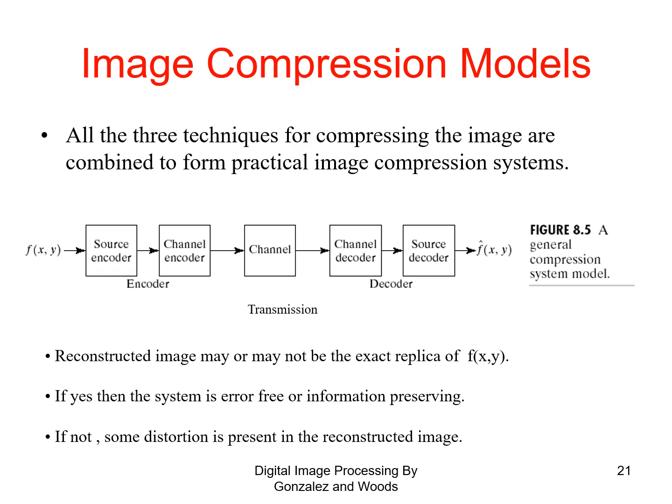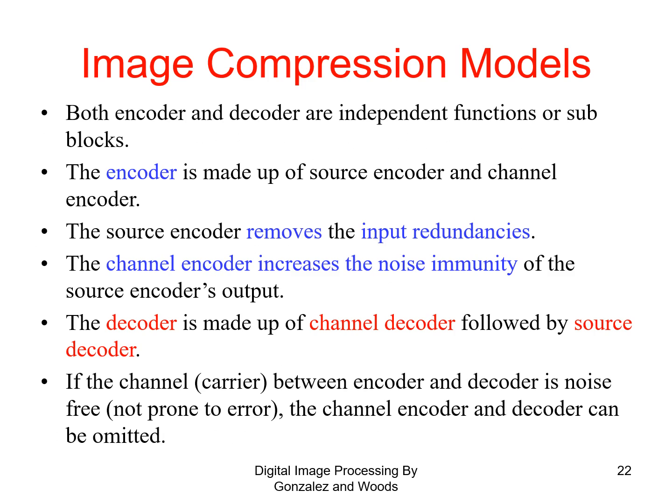f cap is the reconstructed image. So this is what is written here: if f cap is equal to f, then it's a lossless technique; if f cap is not equal to f, then it is a lossy technique. Both encoders and decoders are independent functions of subblocks.